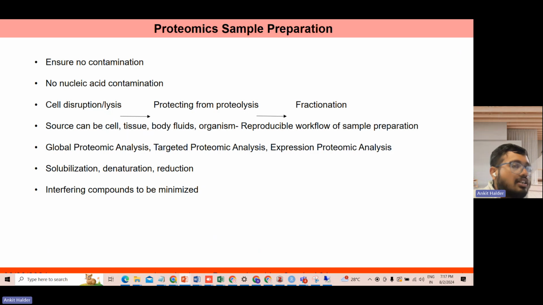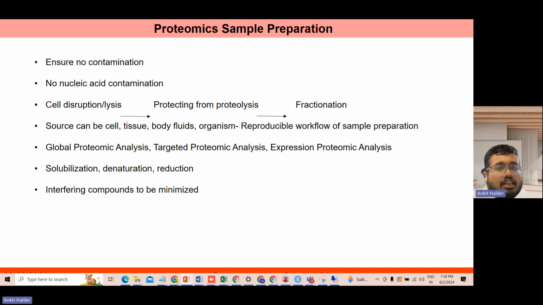Contamination here can be of any kind. It can come from nucleic acids, lipids, or other interfering agents. For example, in many plants there is sap, there are alkaloids, other chemicals and waste products, all of which we won't need, right?